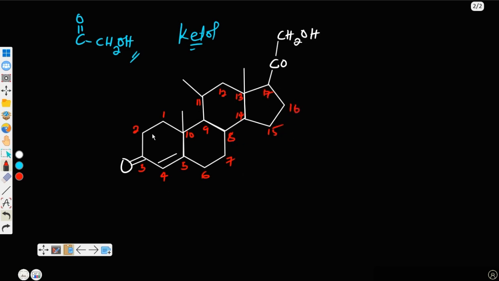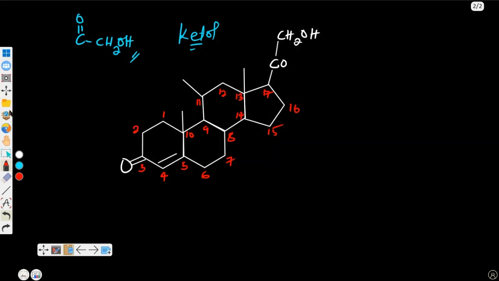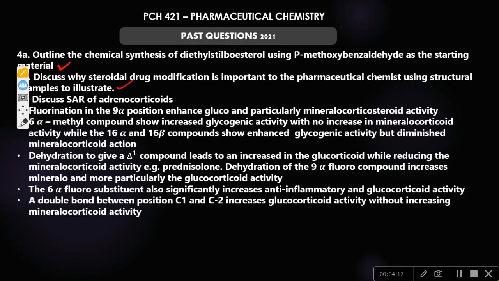Look at the normal structure. Now you agree with me that the things we need to modify are this O group here, this double bond here, these groups here that we added, and probably this large group here. So that will form the basis of our structure activity relationship.